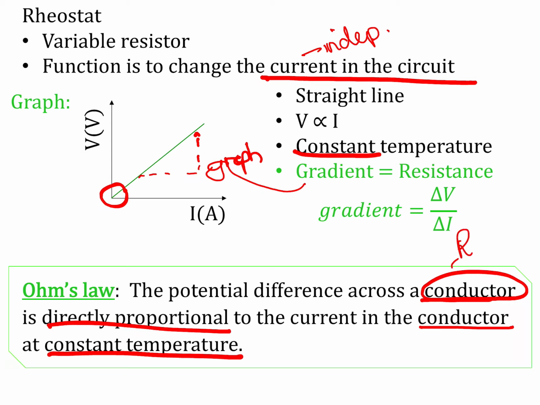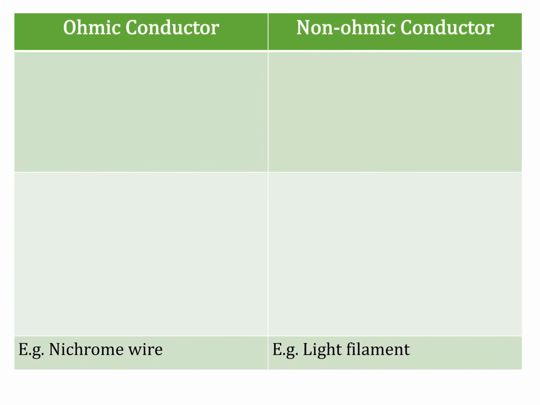You can also say a resistor here, that's fine. We normally say conductor because conductors really do have resistance. We don't often talk about it, but we assume that we have ideal circuits, which is why we don't consider it.